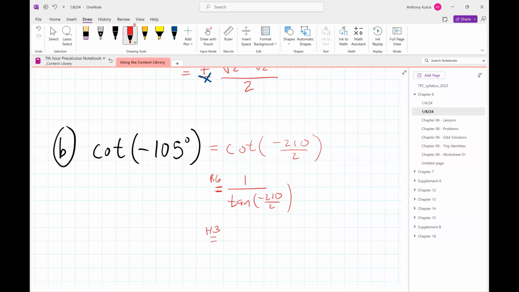Now I have 3 choices here, right? If you look at your sheet for H3, I have 3 choices. Again, let me be clear: it doesn't matter which one you choose. Any of them are going to work. But I want to choose the one that's going to make the least work for me.